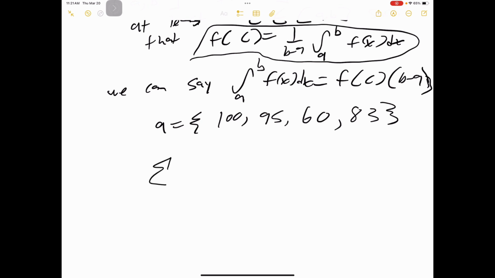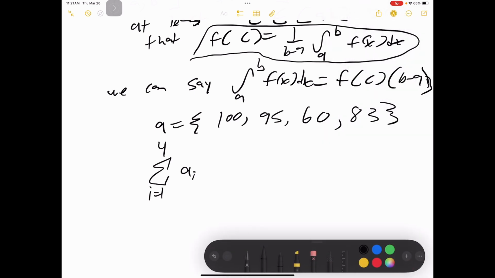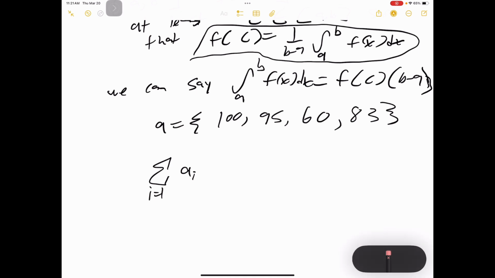Well, you would take the sum from i equals 1 to 4 in this case of our a_i. And in fact, let's fully abstract this. Let me erase the 4. Let's say we're finding any random grade from i equals 1 to n of a_i. That's the sum of the grades. And you would divide by n, the number of grades.